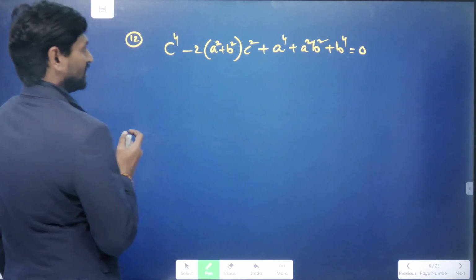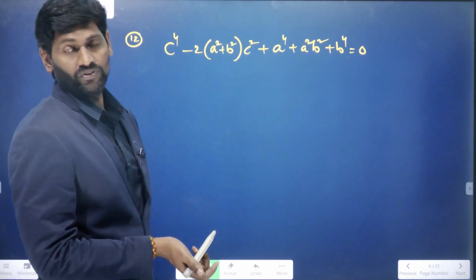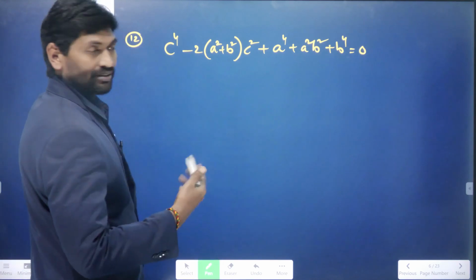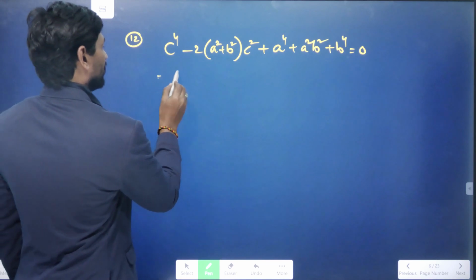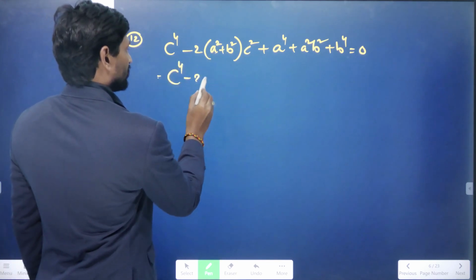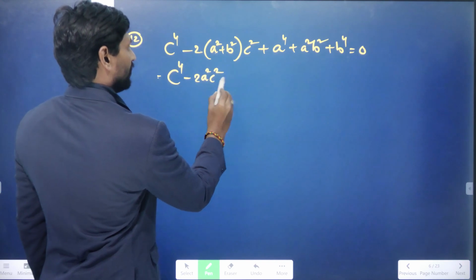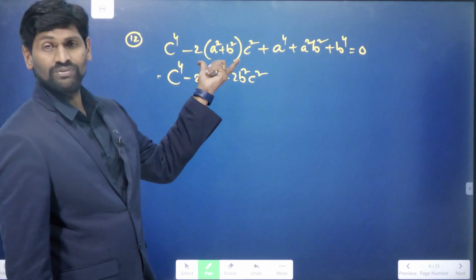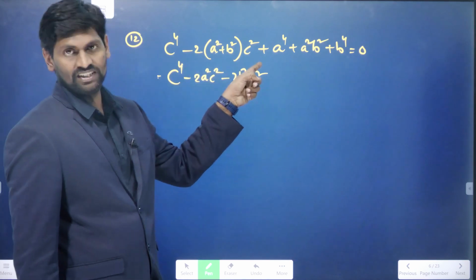I can see here c power 4, a power 4, b power 4. All are square terms and fourth powers. Now I am writing this c power 4 minus 2a square c square minus 2b square c square. That means this bracket term I am just multiplying with 2 as well as c square.